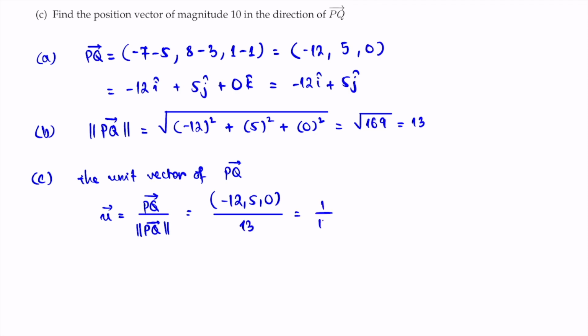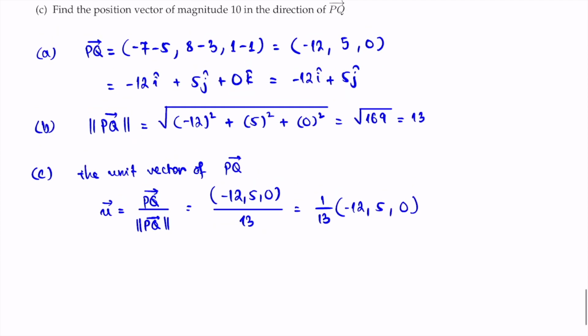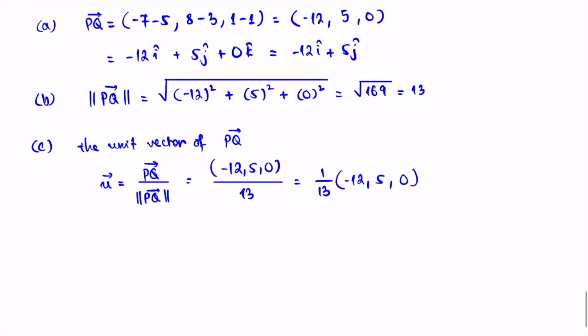So you do 1/13 times the vector (-12, 5, 0). And if you want to find the position vector of magnitude 10 in the direction of PQ, the position vector that we're looking for is equal to 10 times vector u, or it's going to be 10/13 times (-12, 5, 0). And that is what you're looking for.